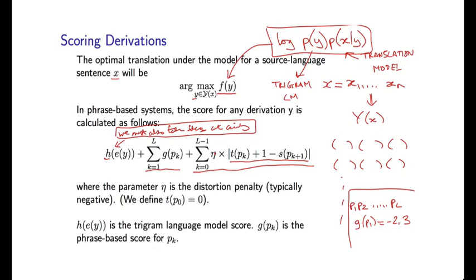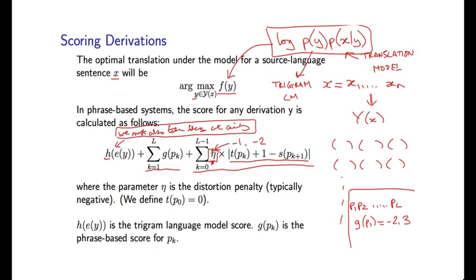And eta is some parameter that's typically negative, which penalizes reorderings, so penalizes large values for this difference between two phrases. It might take some value like -1 or -2 or something like this. And it's typically chosen to optimize translation performance. There are various ways to choose eta in a way that optimizes translation quality.